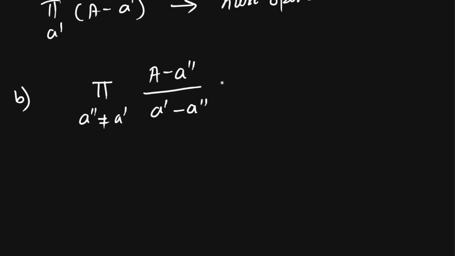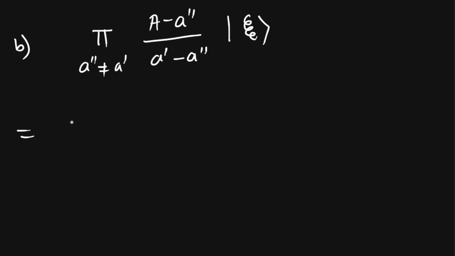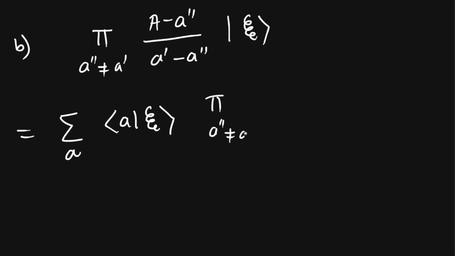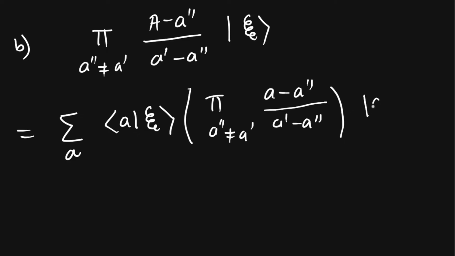If we again operate this operator on the state |ξ>, we will get the sum over a of c_a times the product over a'' not equal to a' of (a - a'') divided by (a' - a''), acting on |a>.